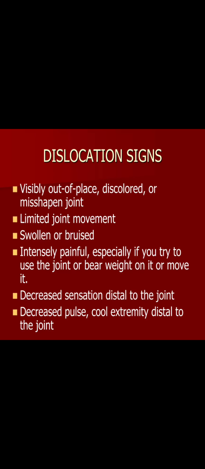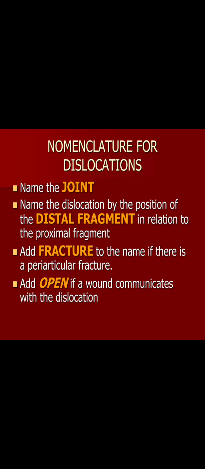The most important feature you have to remember is that distal to the joint there is always a loss of sensation. If there is a problem in the forearm, elbow, or hand, the distal area related to it becomes cold and there is a loss of sensation, so we can guess there is a problem in the proximal part. Okay, so remember the last two points, which are very important.